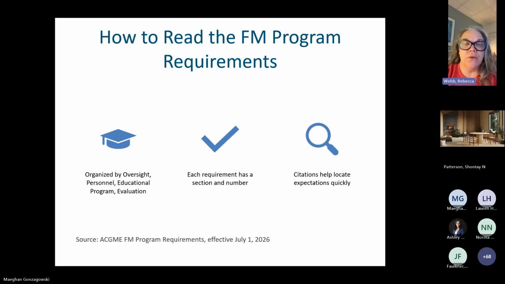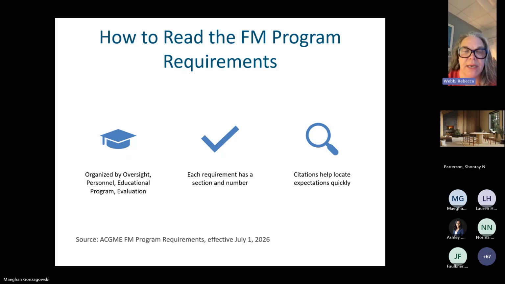All right. So for those of you that are new or haven't had the joy of having to look up a family medicine program requirement on the ACGME site, they make it quite easy for you to find things. You just have to know what you're searching for. So how to read the FM program requirements. The program requirements are organized by oversight, personnel, education, program, and evaluation.